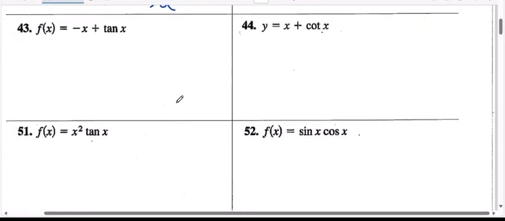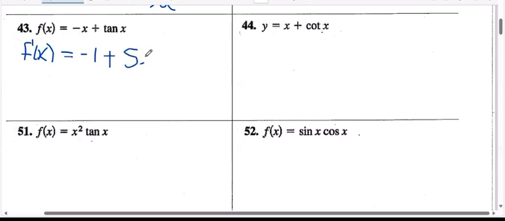If I go to the next question, it's going to be super easy, because when a function is equal to the sum of two other functions, that is super cool to do. Differentiating this one, it's going to be -1. Differentiating tan x, you're going to use a general rule.